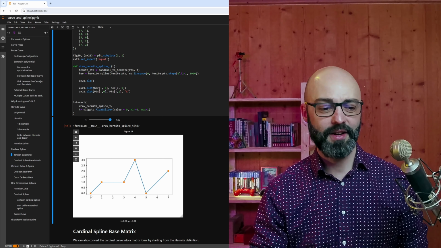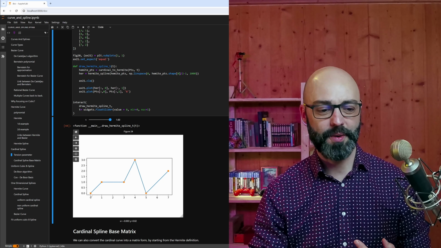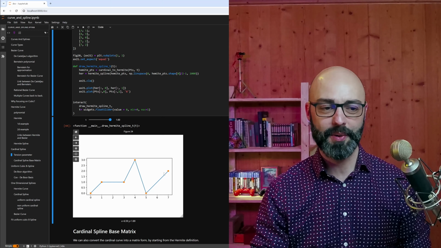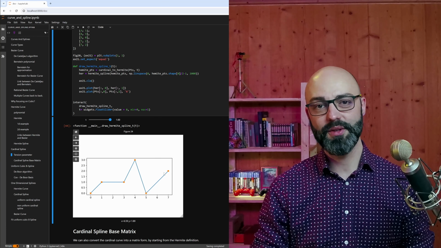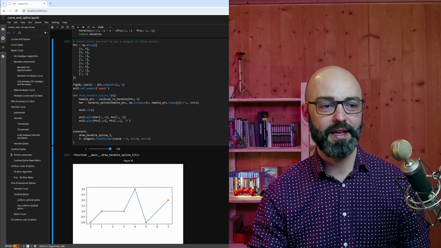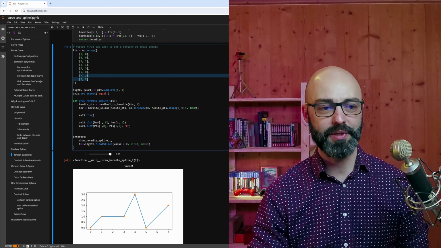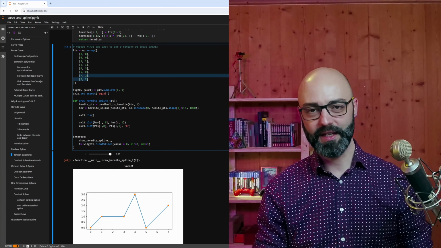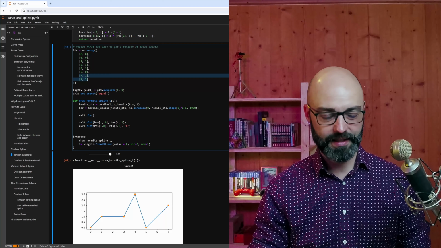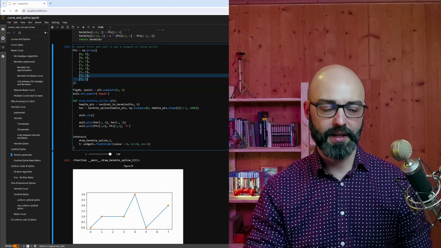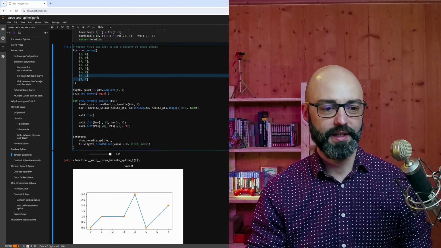You might have noticed that now I actually have drawn from the first point up to the last point. And the way to do this is by repeating the first point and repeating the last point inside of my list, so you always have something to compute that tangent.